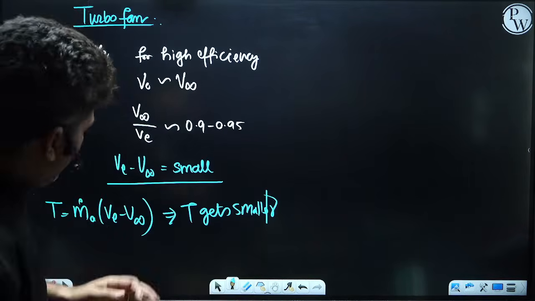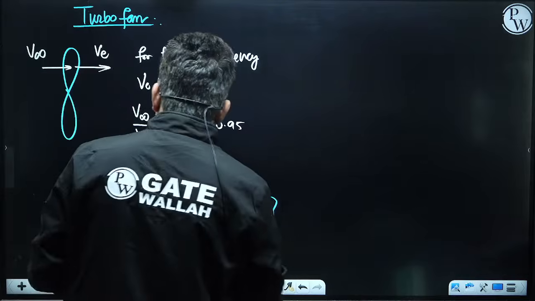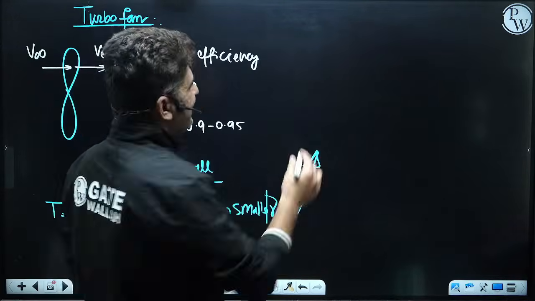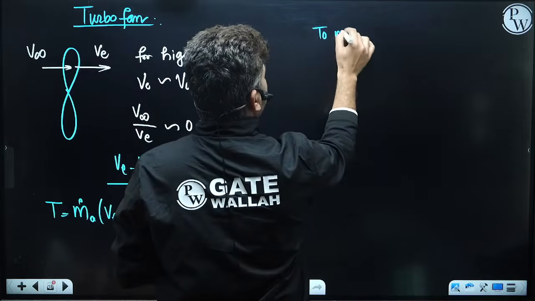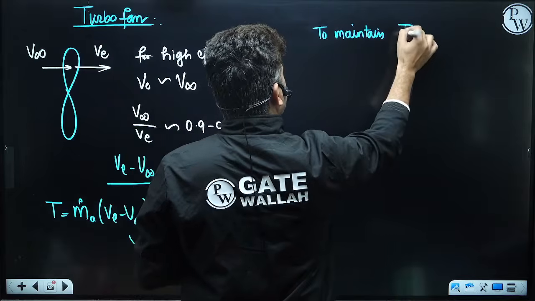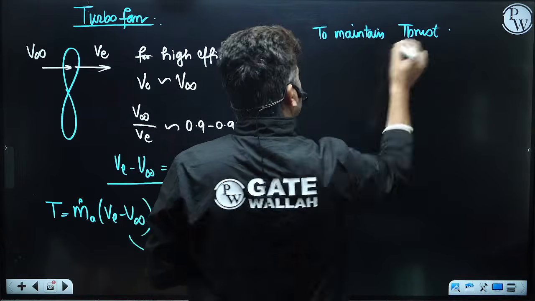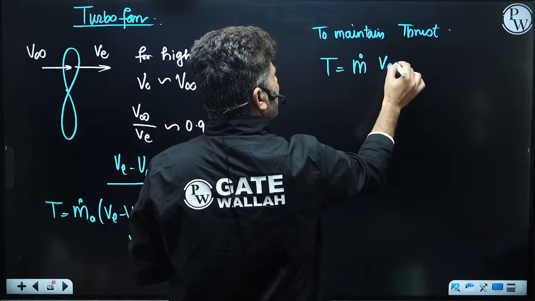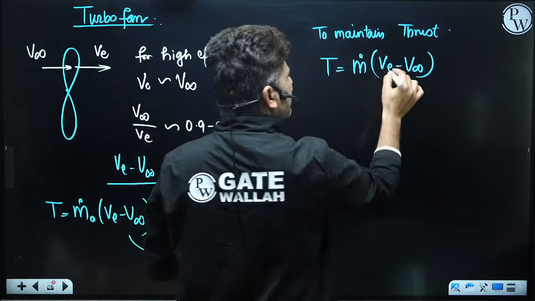Okay. So now if you want to maintain that thrust, what do you have to do? You see that thrust has two components: mass flow rate of air multiplied by V exit minus V infinity.